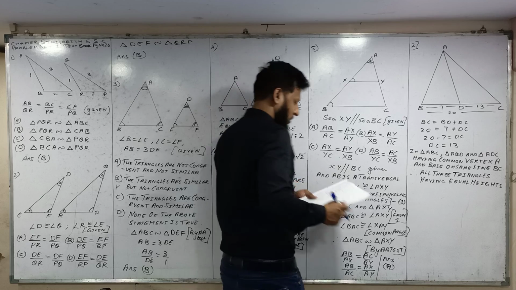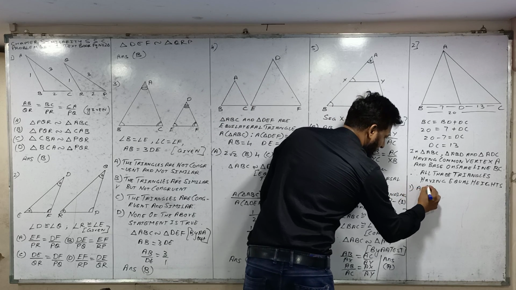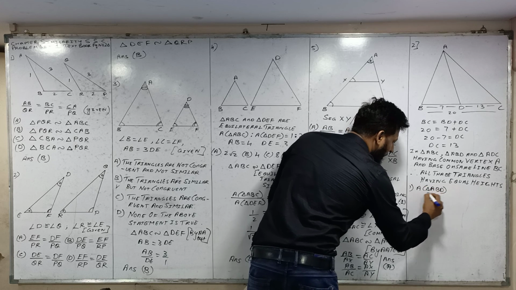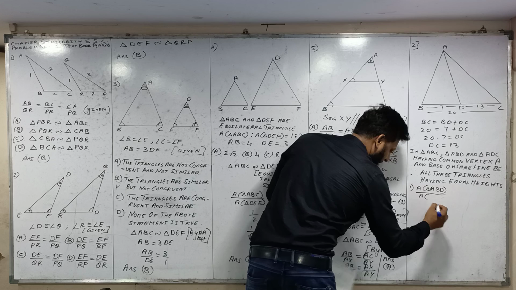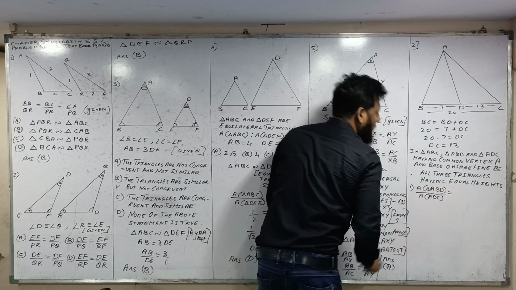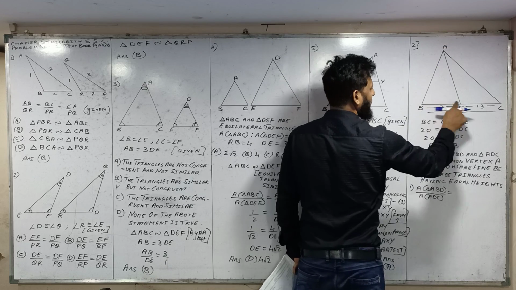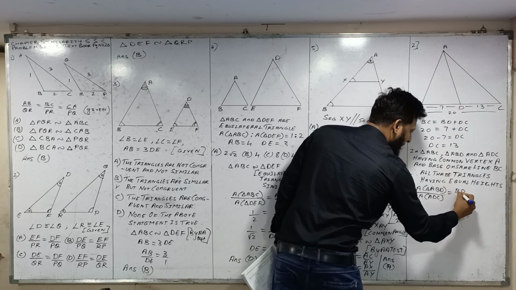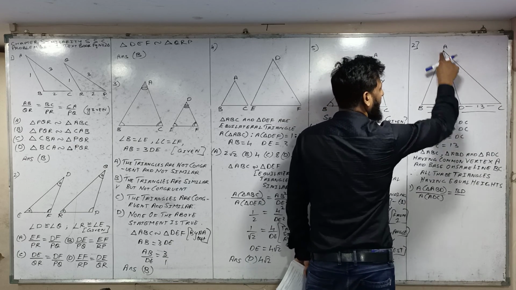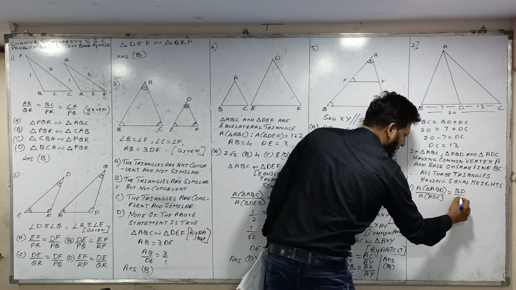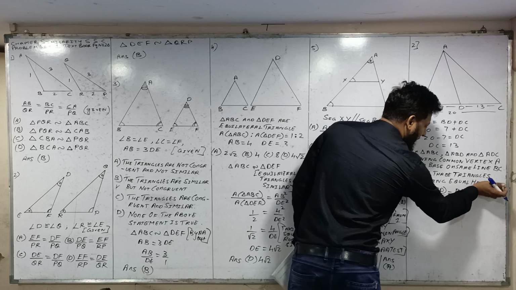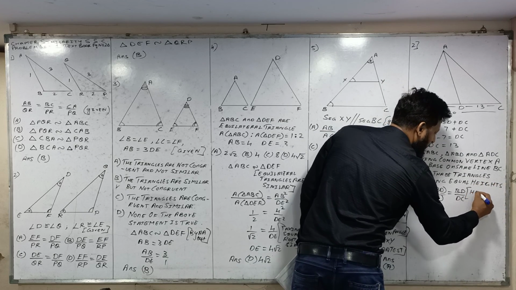Now first, the area of triangle ABD upon the area of triangle ADC. ABD's base is BD and ADC's base is DC.